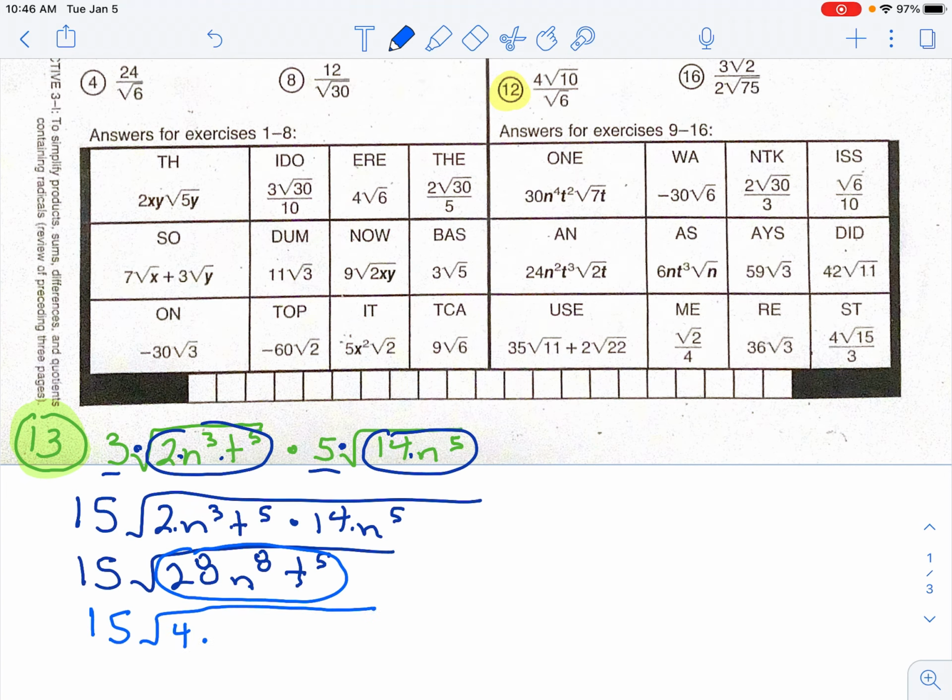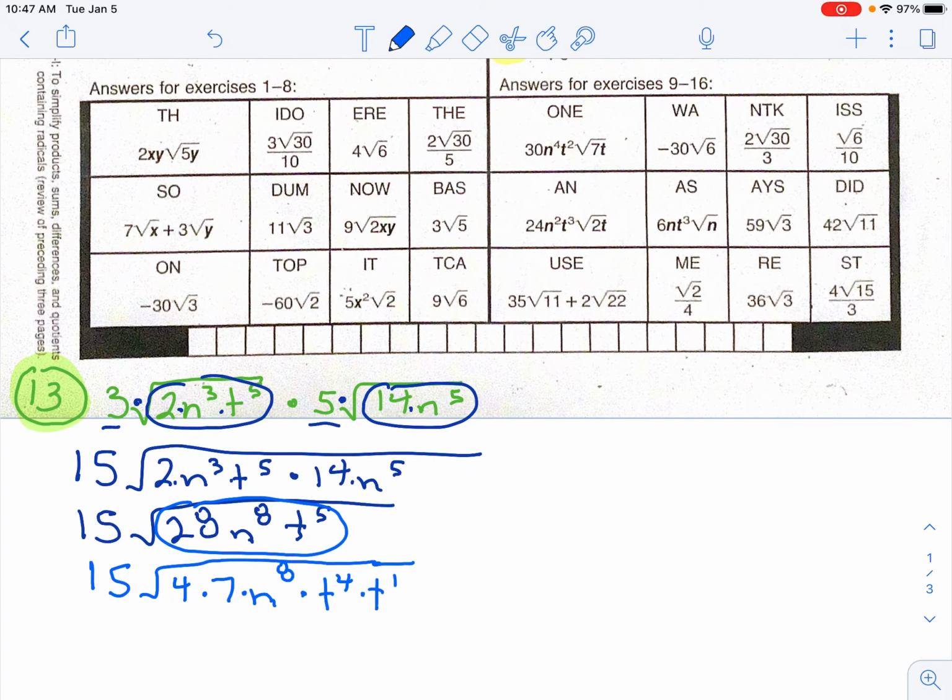So this 28 would become 4 times 7. N to the 8th, any variable to an even power is a perfect square. The t to the 5th is not a perfect square, but t to the 4th is, and t to the 4th times t to the 1st gives us those two factors that make t to the 5th.